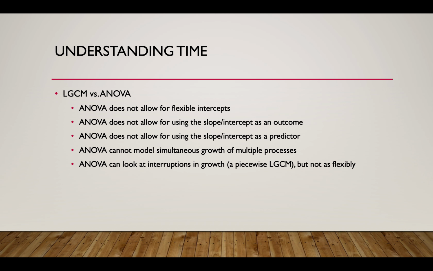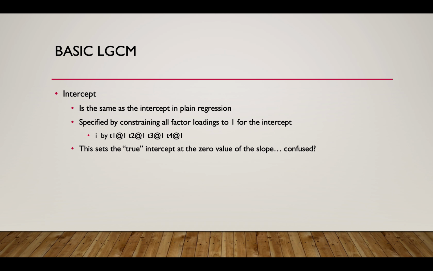ANOVAs also can't look at interruptions in growth as flexibly, which we are going to do today as one of the examples. We're going to look at a piecewise latent growth curve model and look at transitions as a function of that. So let's talk about the basic model.